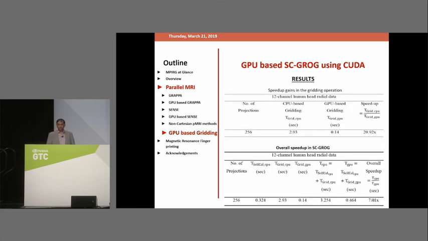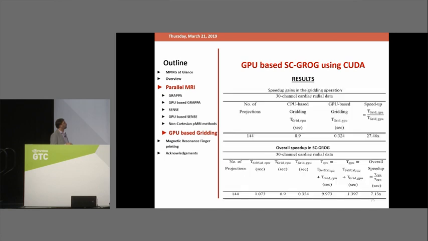So the speed up achieved is good. That's for the second data set: up to 20x speed up in the gridding process, and up to 7x speed up in the overall process, including both the phases, for the 12-channel human head data set. And you could see the results are exactly the same.